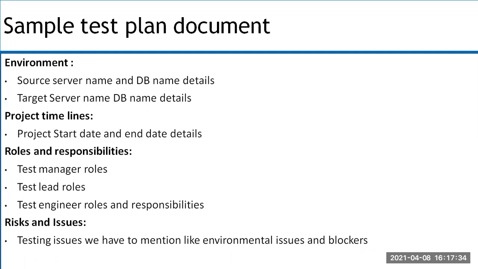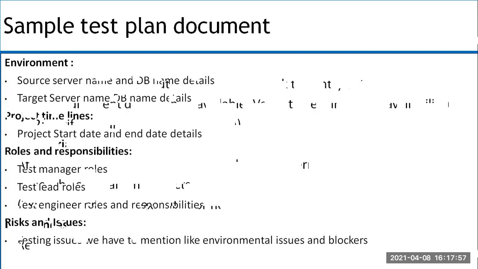For example, when we are doing testing, you don't know the server name and database details, and suddenly the dev team deployed to QA. In that case, you have to inform the manager and get the environmental access. At that time, we can mention it as risks and issues.